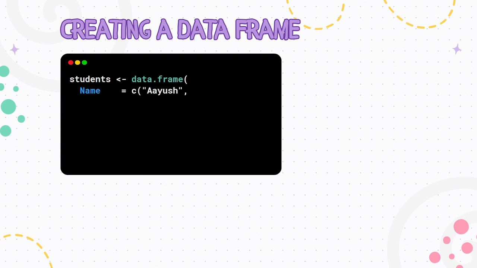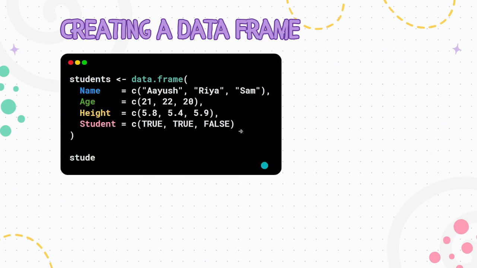In order to create a data frame, you will have to use this method right here, data.frame. And inside it, you'll have to store the name of the column, equals, the values that you want to store inside it. So the name column will contain Ayush, Riya, and Sam. And likewise, age will contain 21, 22, 20, and so on. So here, I'm creating a simple data frame called students, and inside students, each column is created with the help of vectors.